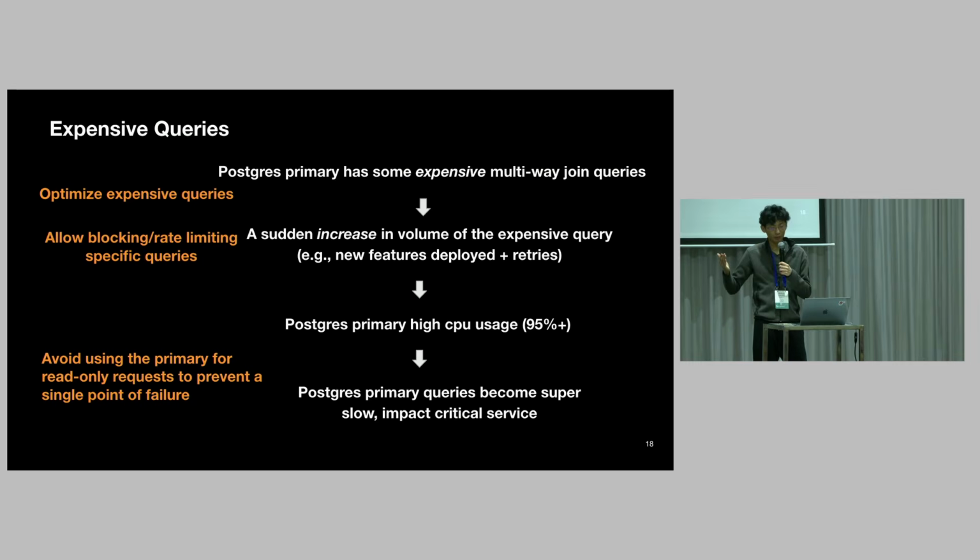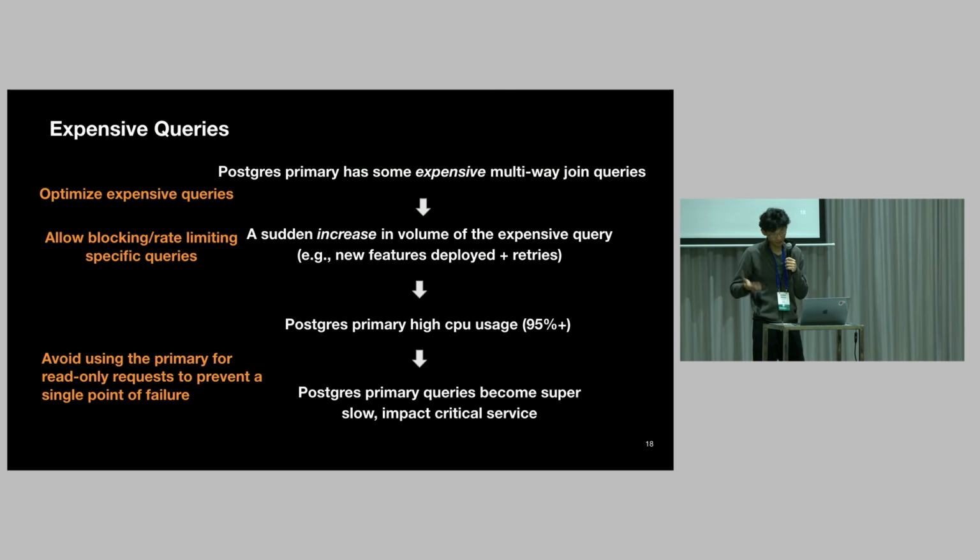For example, if you launch a new feature and it somehow calls those queries, it also gets worse due to the retries, right? Because those queries are very slow, and if the request times out, they will just retry multiple times.